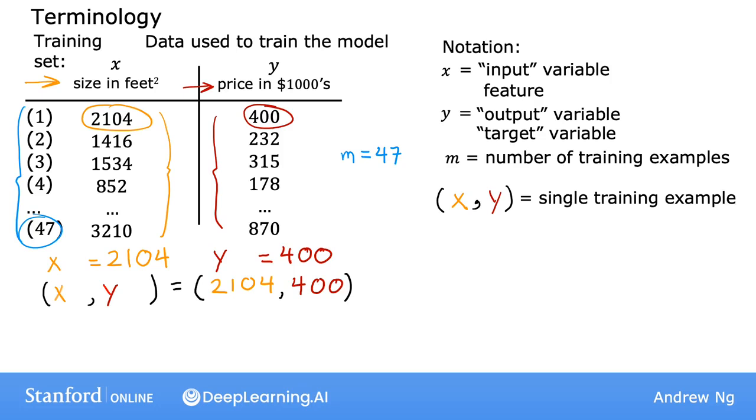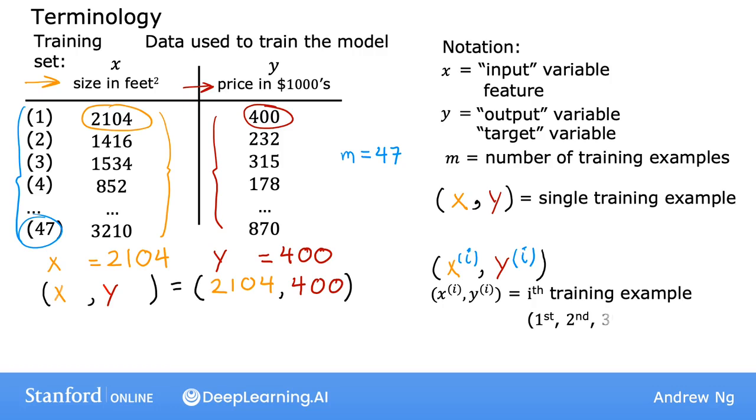So to refer to a specific training example, this will correspond to a specific row in this table on the left. I'm going to use the notation x superscript (i), y superscript (i). The superscript tells us that this is the ith training example, such as the first, second, or third up to the 47th training example. i here refers to a specific row in the table.